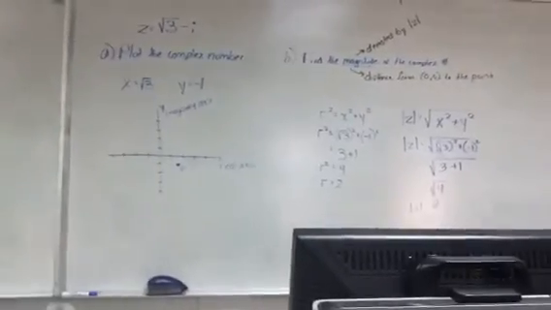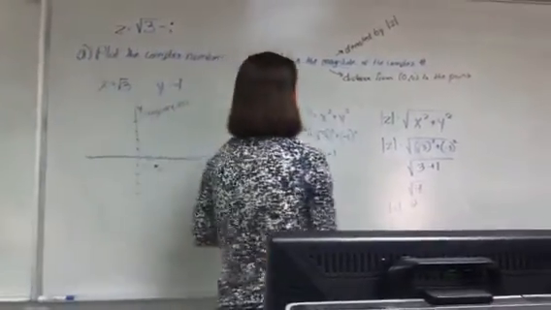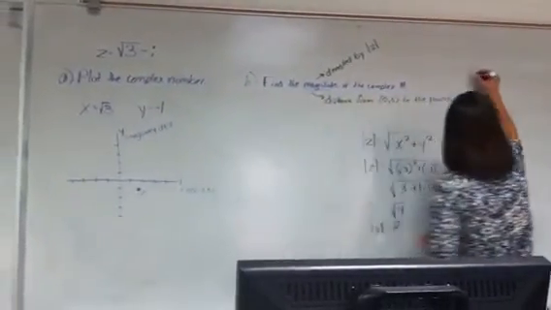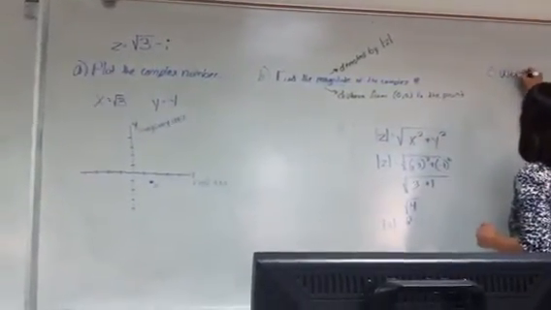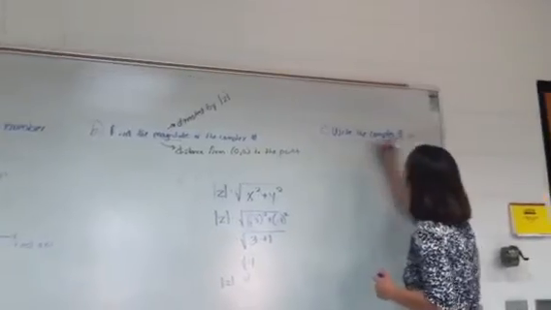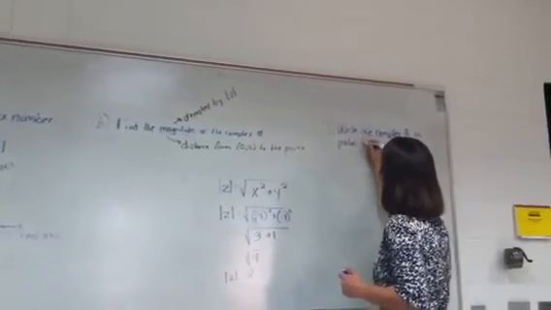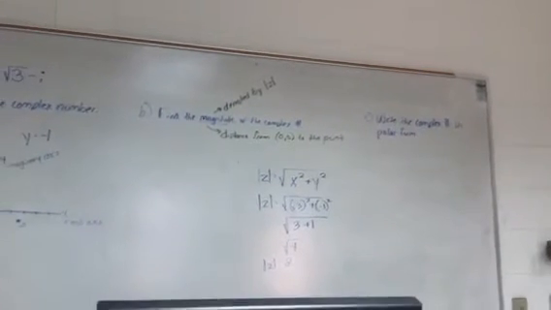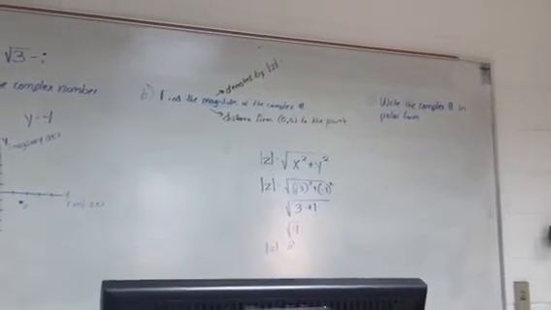Okay. All right, and then the last thing that they're going to ask you to do is they're going to say to write the complex number in polar form. All right, which brings in this idea of polar coordinates as opposed to rectangular.